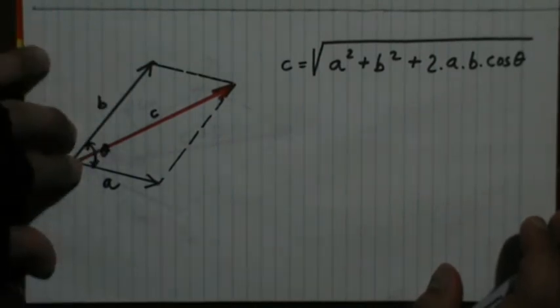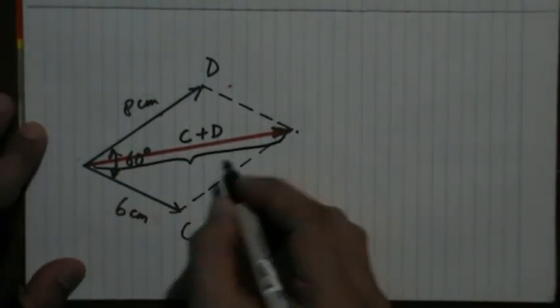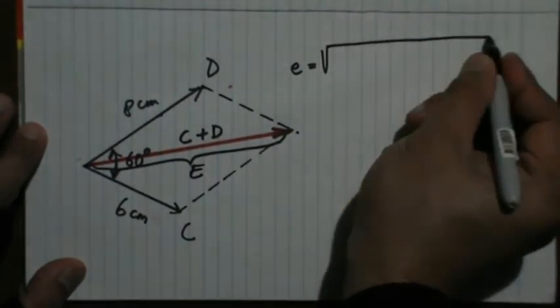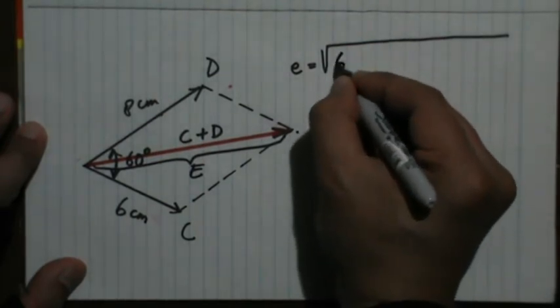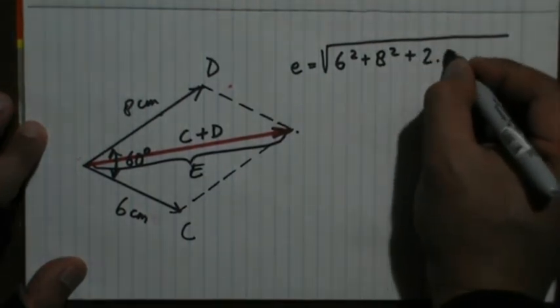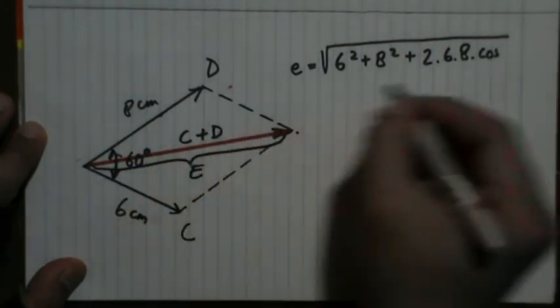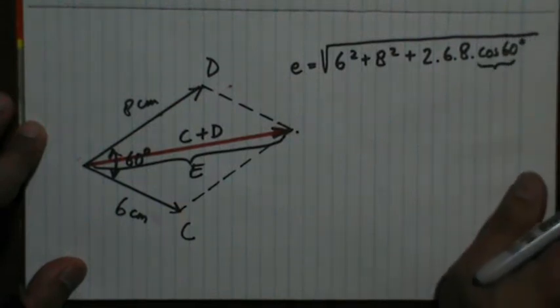So now let's move back to our previous problem here. If you want to get the magnitude of this C plus D, let's call that E. By using that formula, we can find the magnitude of E. So here is the square root of 6 square plus 8 square plus 2 times 6 times 8 times cosine. The angle here is 60. Now we can calculate this.